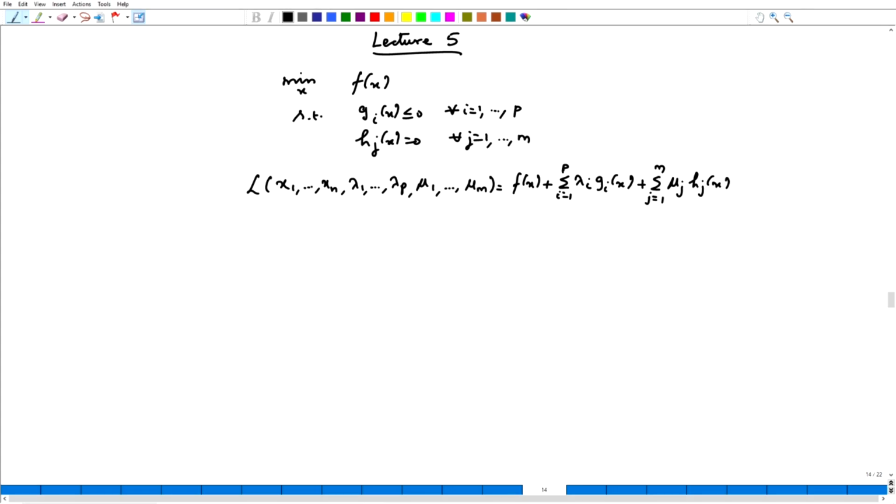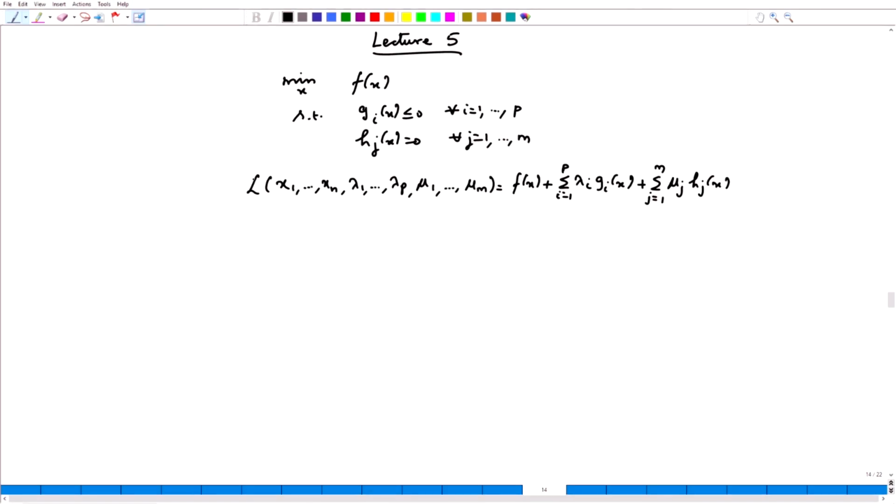We have the function f, which was only a function of x, and the functions g i and h j, right. They are also only functions of x. But the Lagrangian that we have defined here is actually a function of the x vector, lambda vector and the mu vector, and it is defined as f of x plus summation lambda i g i plus summation mu j h j. Okay.